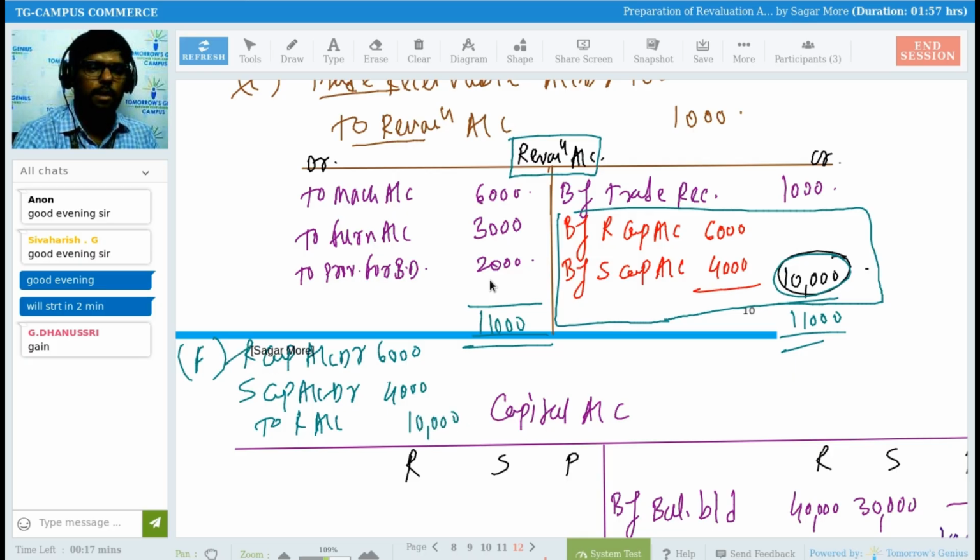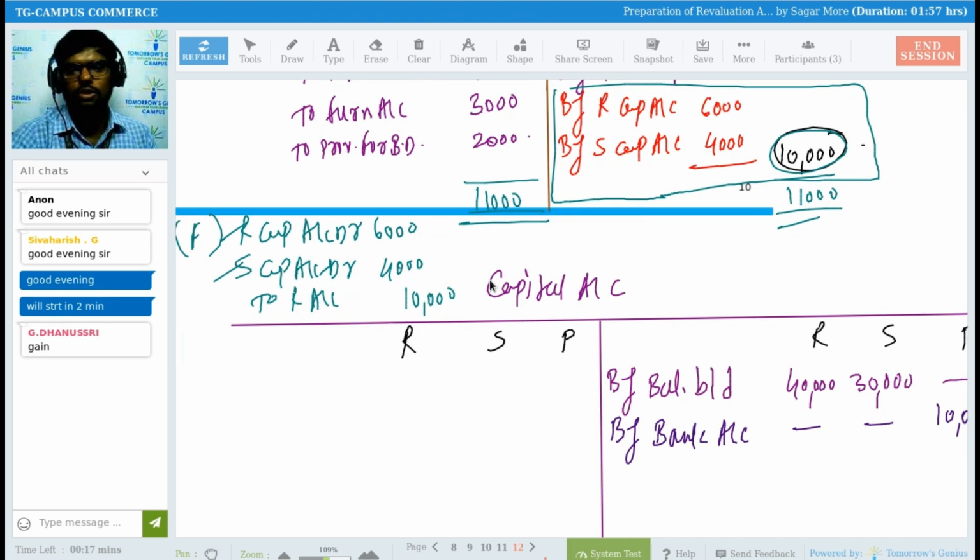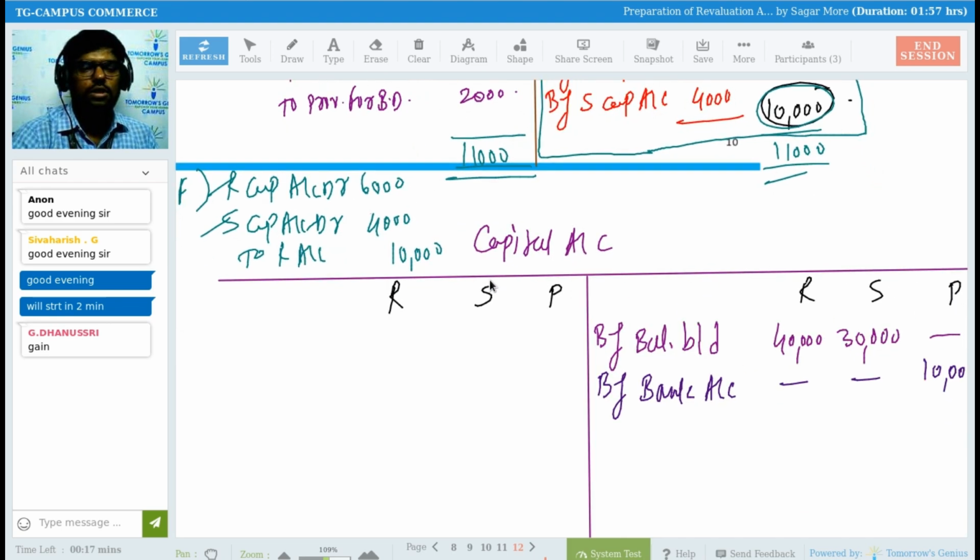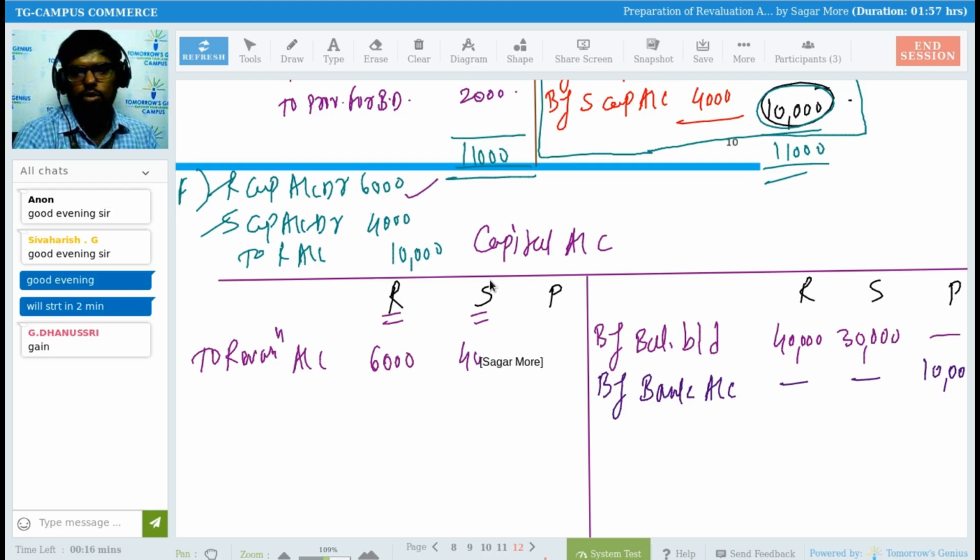Right? So it means we have to debit R and S capital accounts, yes or no? So yes, I need to write it down on the debit side of the capital account of R and S, to revaluation account. How much? 6,000 rupees for R and 4,000 rupees for S, right?